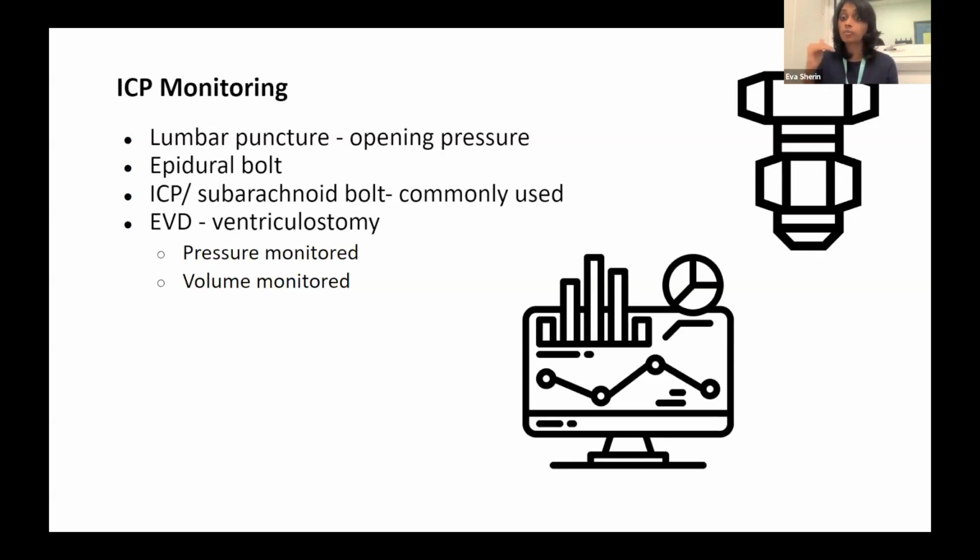But till then, it maintains that level. So if you keep it at 15 mmHg, then it will stay closed till the pressure comes to 15. When it reaches 15, it will open up and give out some CSF so that it goes below 15. So basically, that's how it's monitored. And also, it makes sure that a particular amount of CSF is always available within the ventricles or within the body.